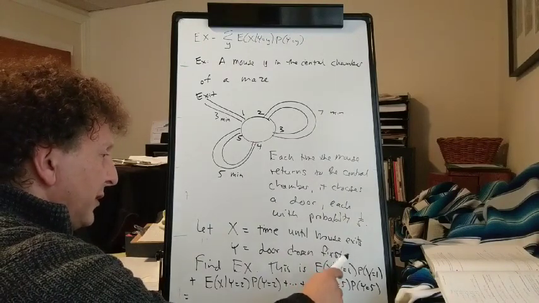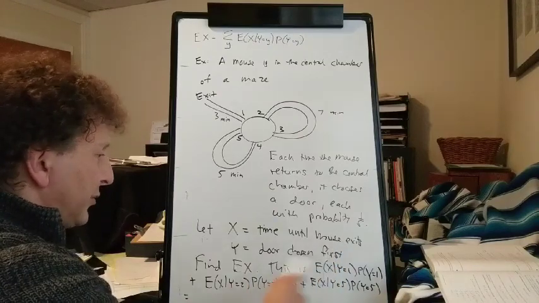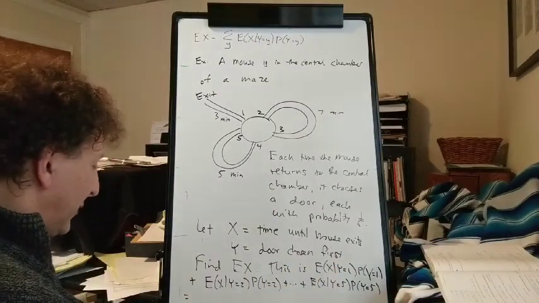Now the probabilities y equals 1, y equals 2, up to y equals 5 are all 1/5.